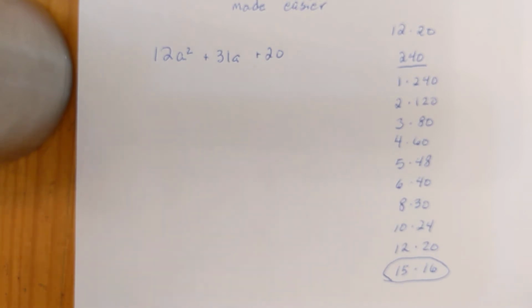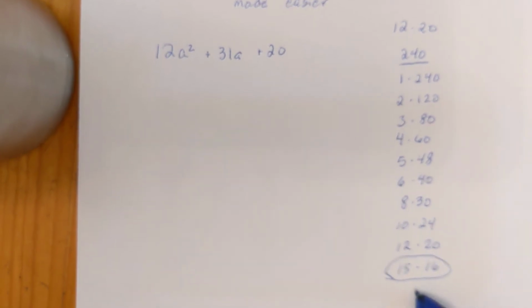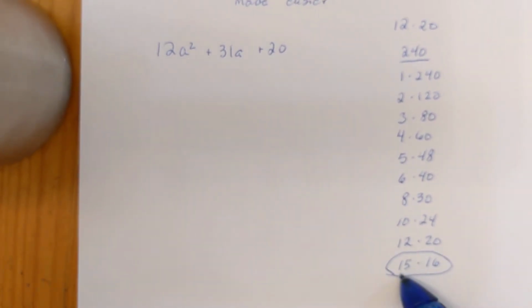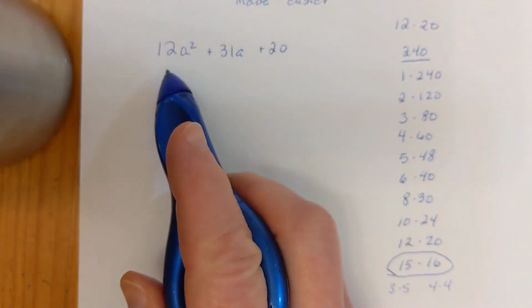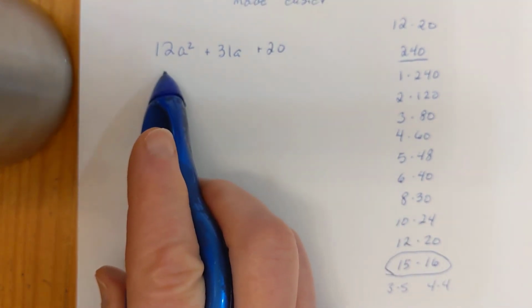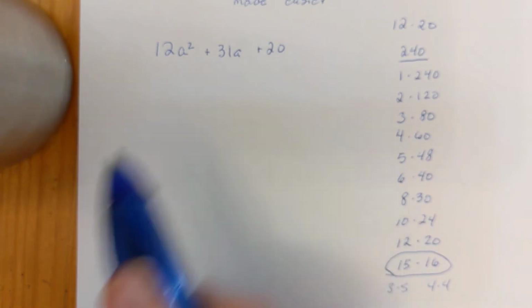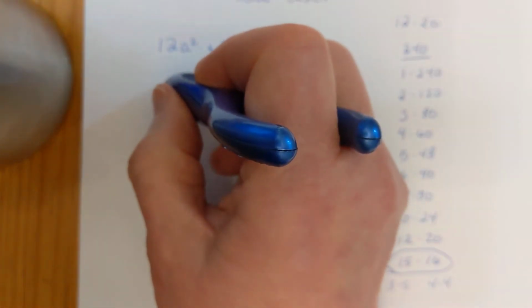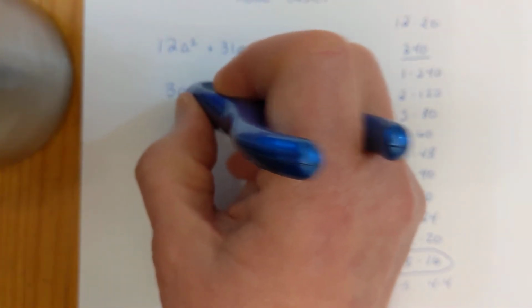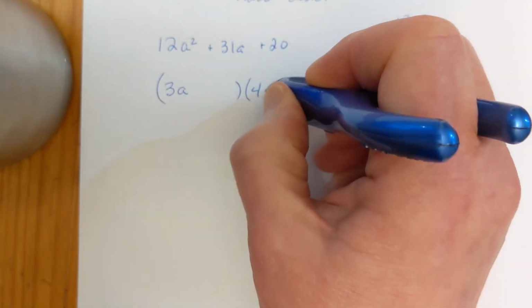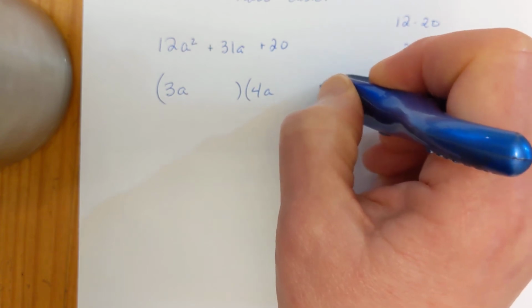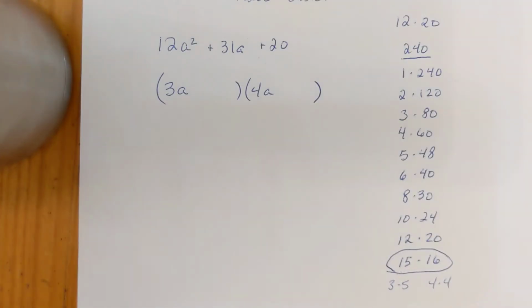How I do this is I then take my 15 and my 16, and 15 is 3 times 5, 16 is 4 times 4. There are other ways to do this, but I'm looking at these numbers over here. 3 times 4 is 12, 5 times 4 is 20. So I'm going to have 3a for one of them, and I'm going to have 4a for the other, because those multiply to 12.